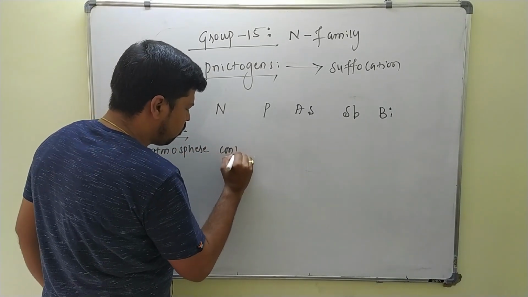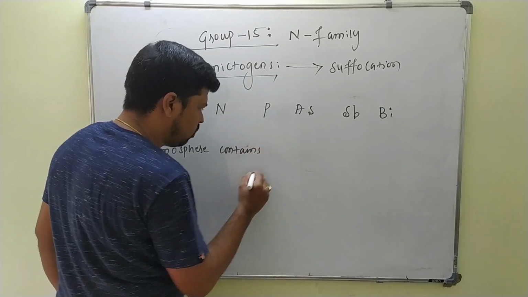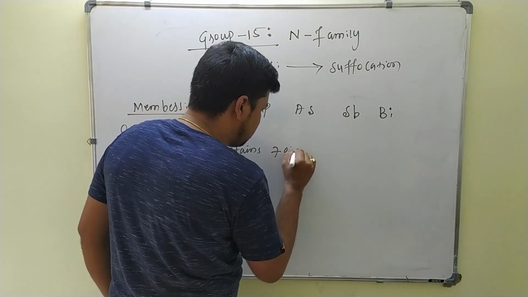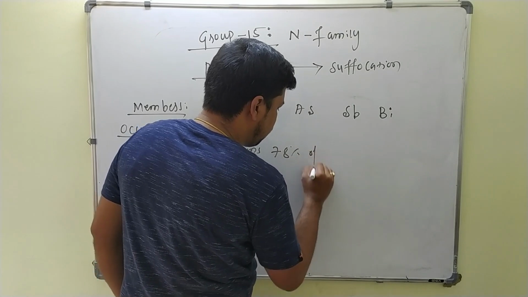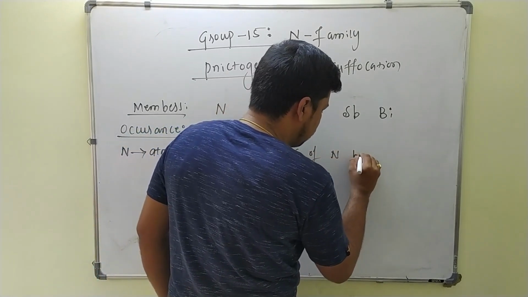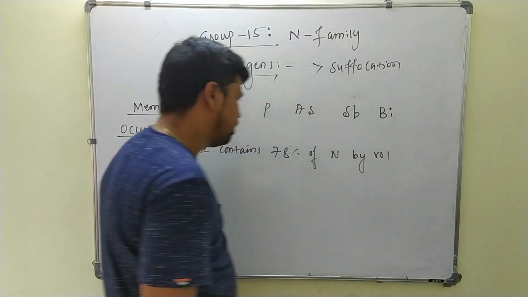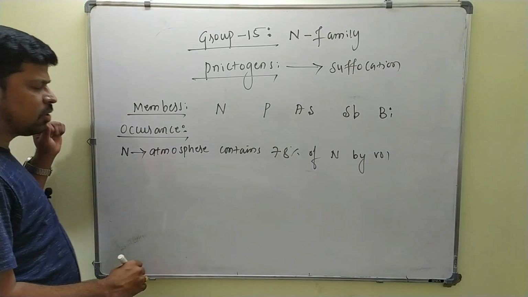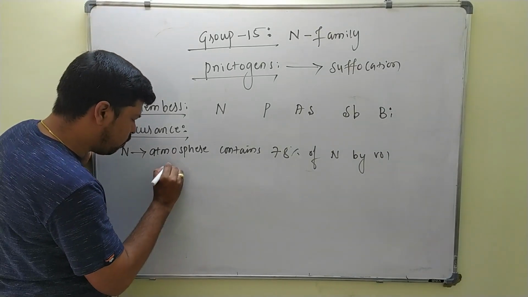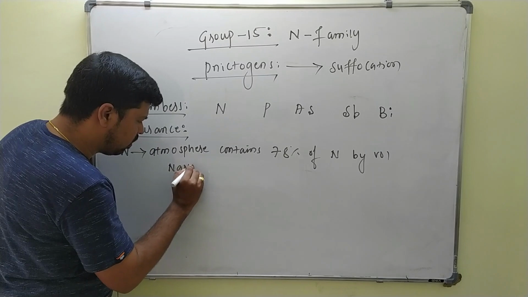Atmosphere contains 78% of nitrogen by volume, and this nitrogen is also available in the form of sodium nitrate, NaNO3.